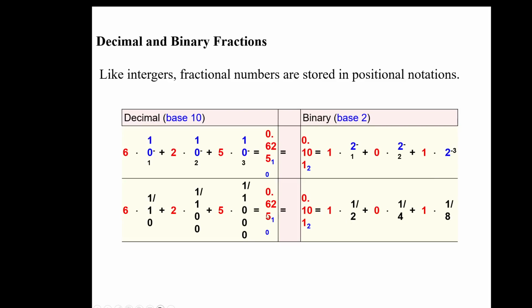So in this case, the 0.625 equivalent in binary is 0.101, because 1 half is 0.5 and 1/8 is 0.125. So decimal and binary are very much the same. When you go to the left of the binary or decimal point, the place values are an ascending series of the base. And when you go to the right, it's also an ascending series of the base, using it as a divisor this time, not as a multiplier.